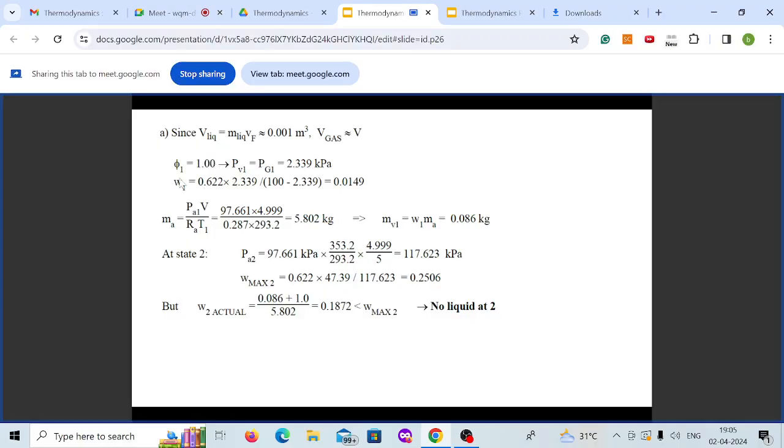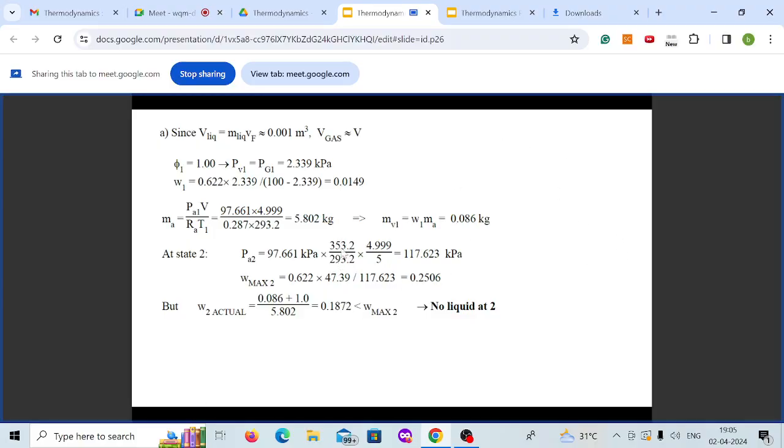Now we can find the specific humidity using the relation between the pressures: 0.622 times PV by P minus PV. PV is 2.339, and the total pressure is 100 kilopascal. Substituting that, we get specific humidity as 0.0149.